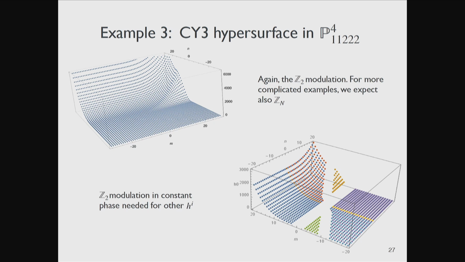And you can also see that here we have 2 different classes, also with this Z2 modulation, which doesn't seem necessary here because all these points are at 0 actually. But this is also the case because we classified all of the cohomologies at the same time, so it just means that some other cohomologies jump here.